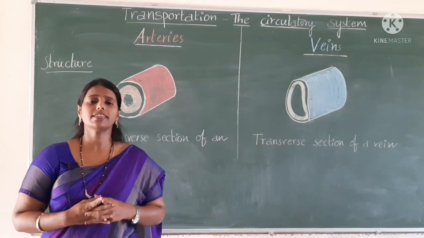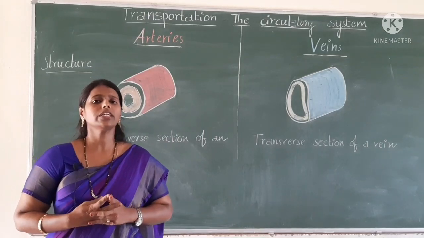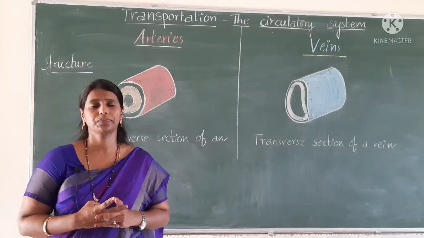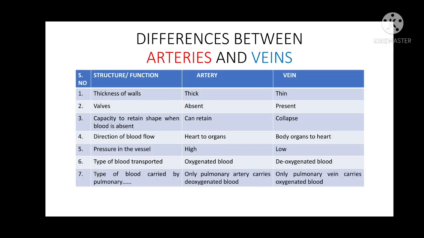Based on these differences, let us try to answer the table given in the textbook. Differences between arteries and veins. Thickness of walls. Arteries have thicker muscular walls.